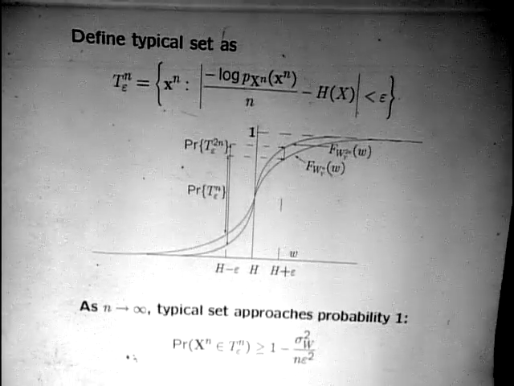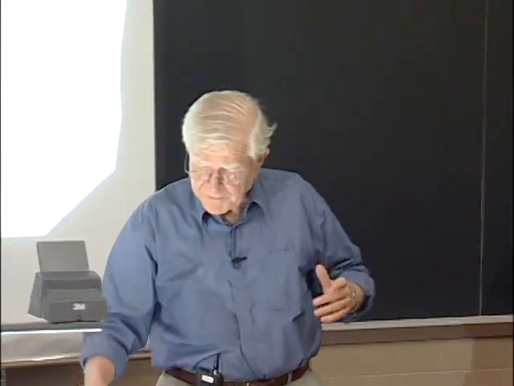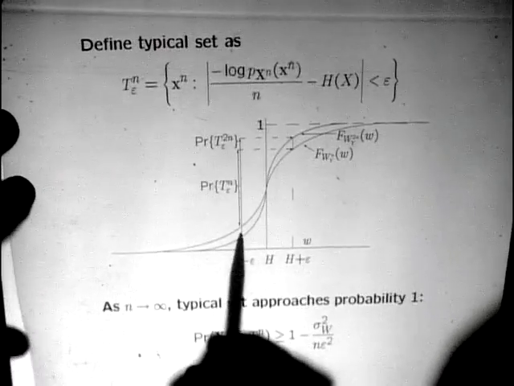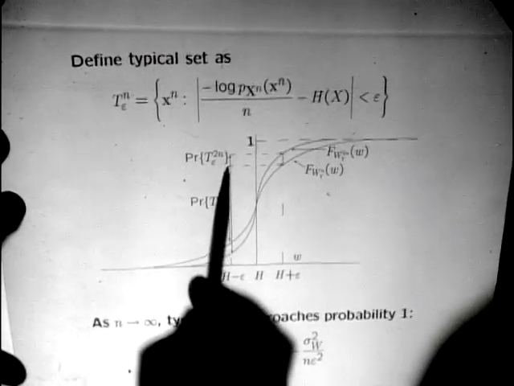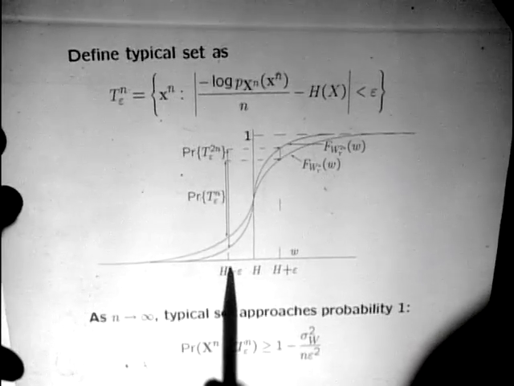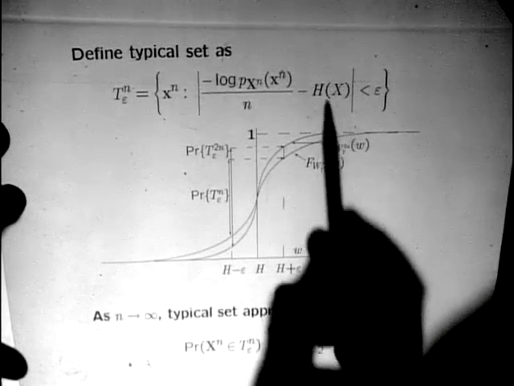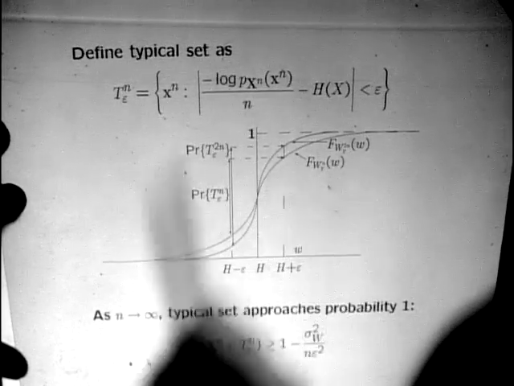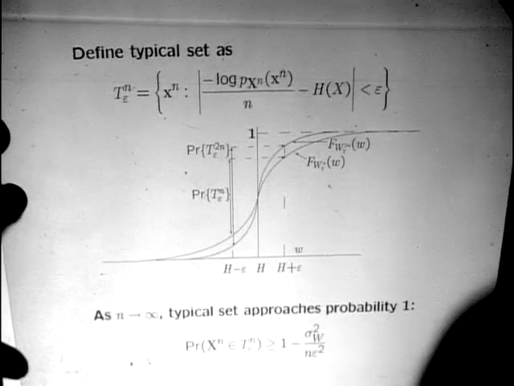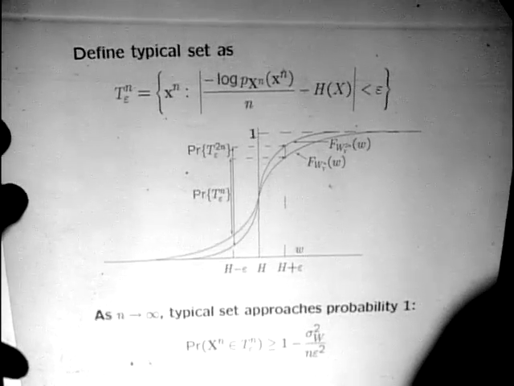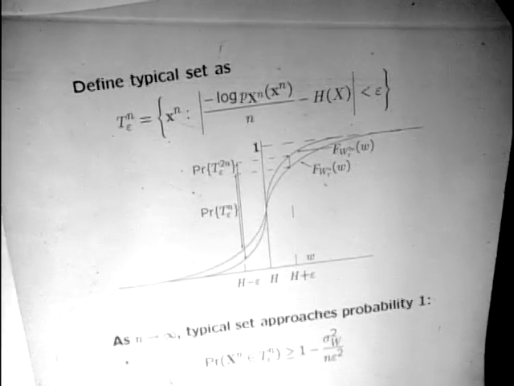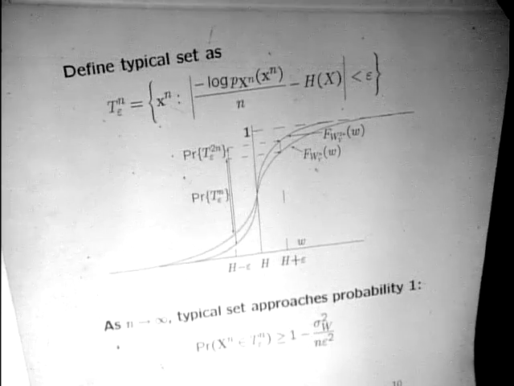In other words, when I draw this distribution function for this combined random variable, I've defined this typical set to be all the sequences which lie between this point and this point, namely, this is h minus epsilon, and this is h plus epsilon, moving h out here. So these are all the sequences which satisfy this inequality here. So that's what I mean by the typical set. It's all things which are clustered around h in this distribution function.